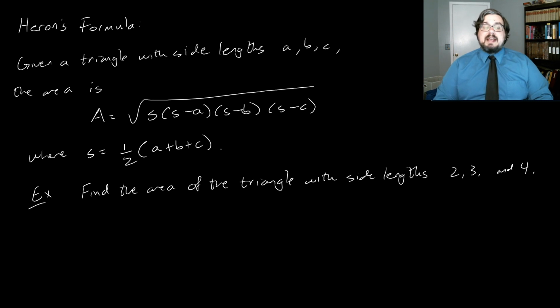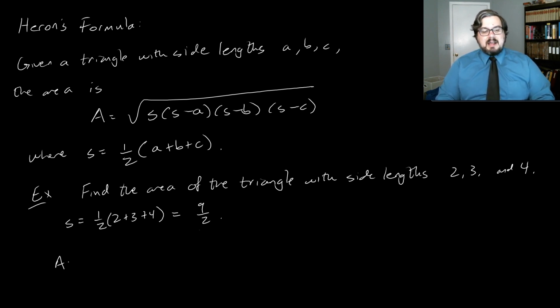When using Heron's formula, usually the first thing you want to do is just compute this number s. So s is going to be 1/2 times 2 plus 3 plus 4. 2 plus 3 plus 4 is 9, so s is 9/2.